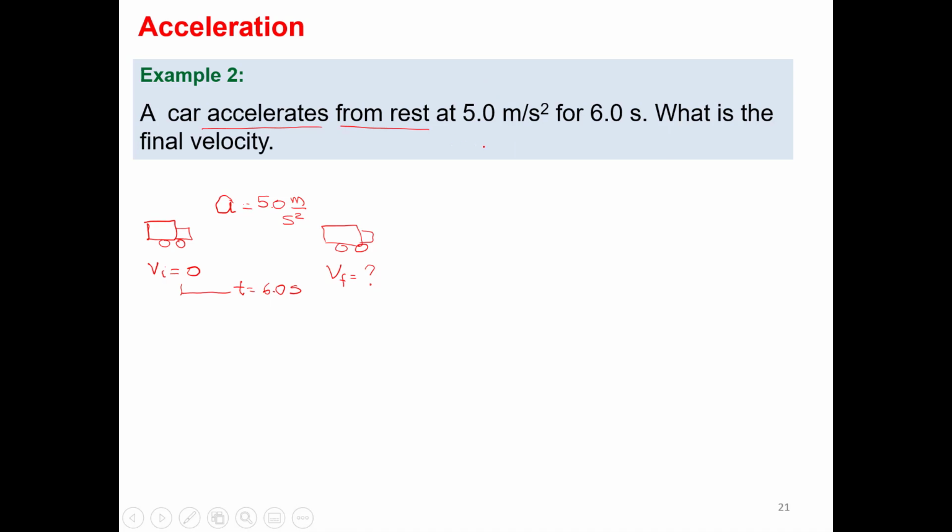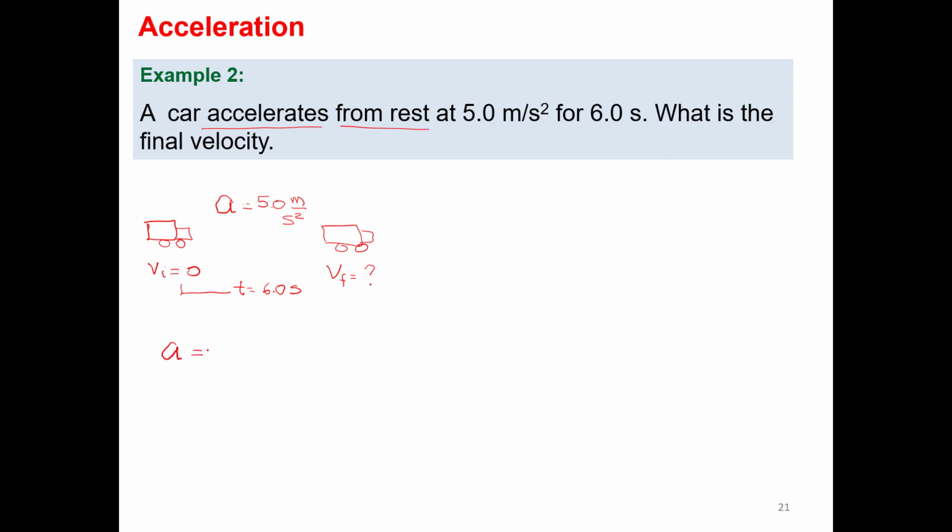Now we can calculate the final velocity. First we check that we have consistent units, and yes, we have seconds, so no problem. The next thing we need to know is what equation we will use.